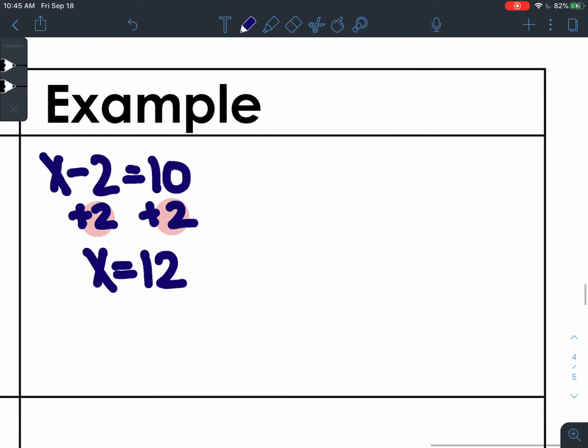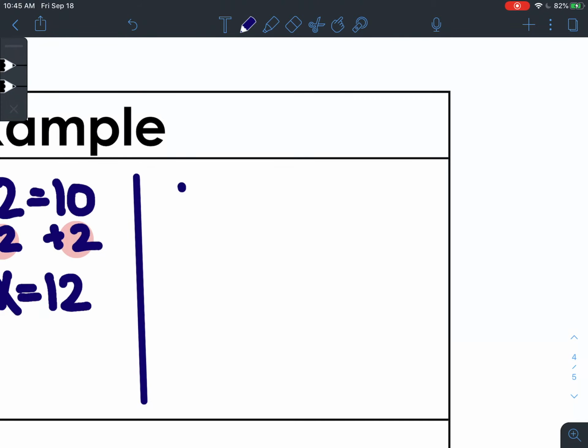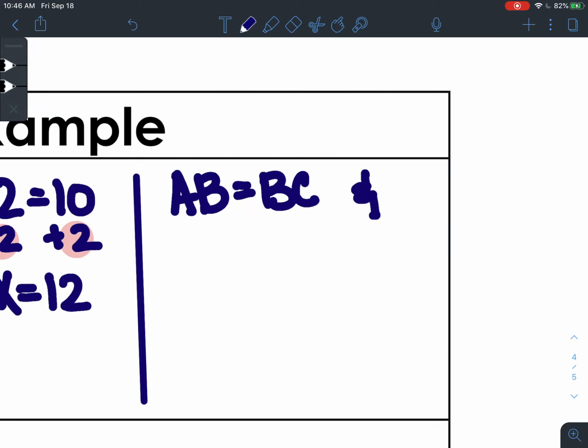Now, let me compare that and give you an example of what it would look like in geometry, okay? So let's say I have the segment AB is equal to BC, and let's do MN equals NP.